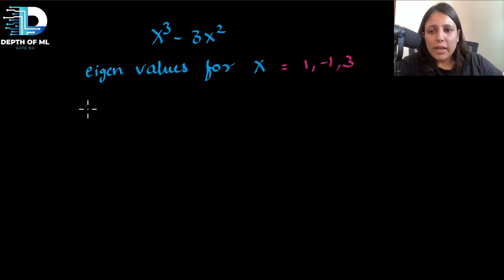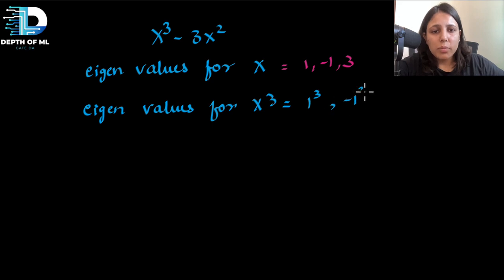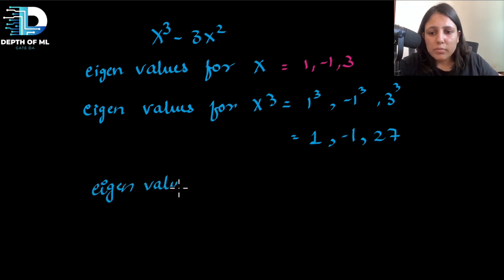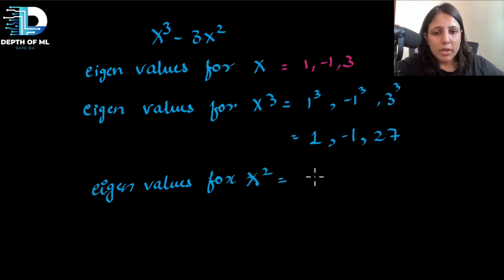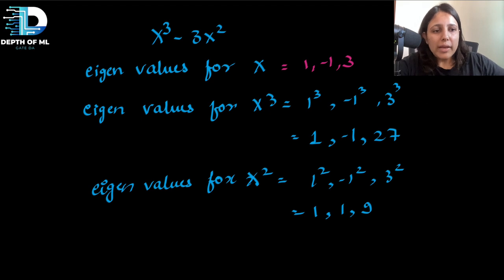So eigenvalues for x cube will be 1 cube, minus 1 cube and 3 cube, which is nothing but 1, minus 1, and 27. Now we have to find the eigenvalues for x square, which is 1 square, minus 1 whole square, and 3 square, which is 1, 1 and 9.